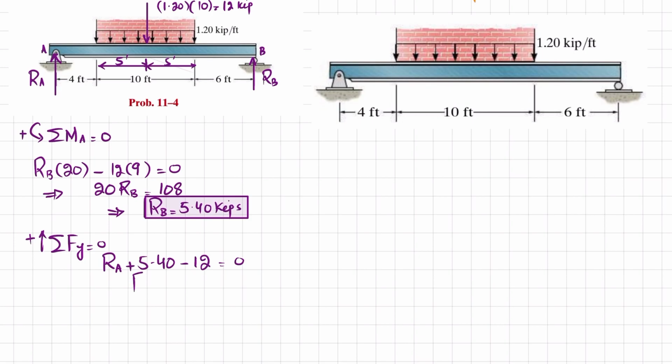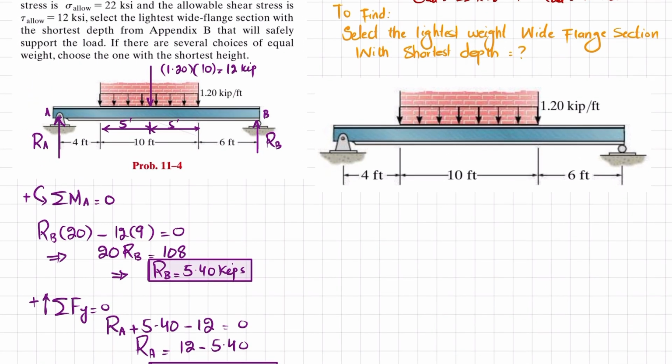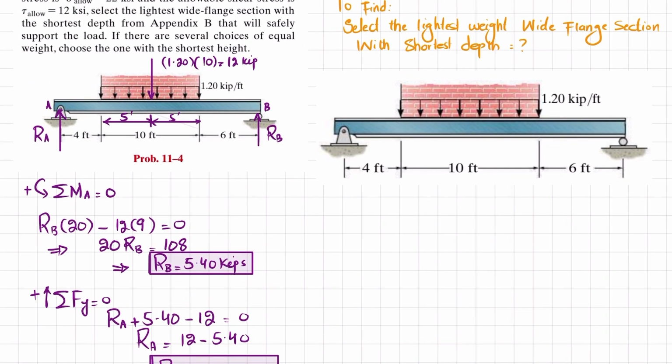It means RA is equal to 12 minus 5.40. So RA is equal to 6.60 kips.